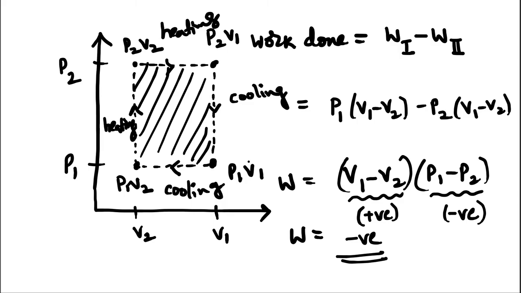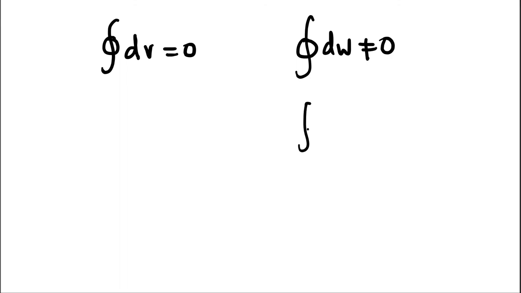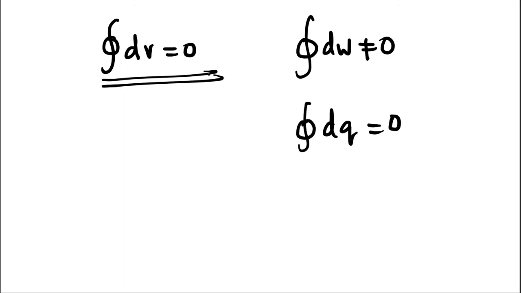So volume, we just proved that it's a state function. Therefore, the change of volume in a cyclic process must be 0. So how do we write for a cyclic process? We write like this. For a state function, that is 0. For path functions like work and heat, this is not equal to 0. So they are path dependent. If the closed path summation is equal to 0, that is a state function.